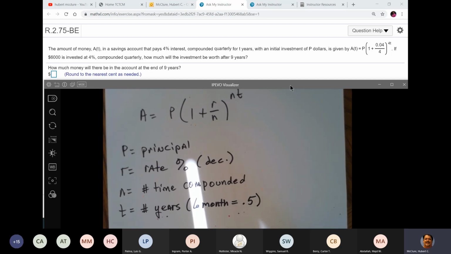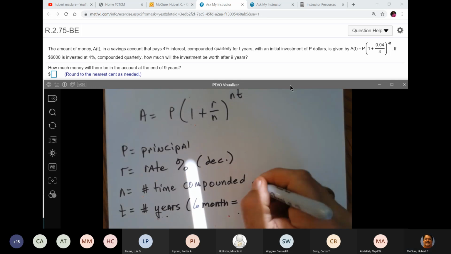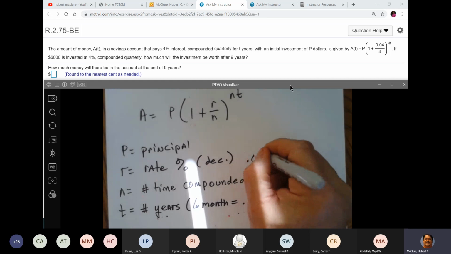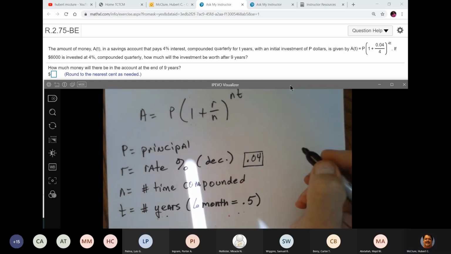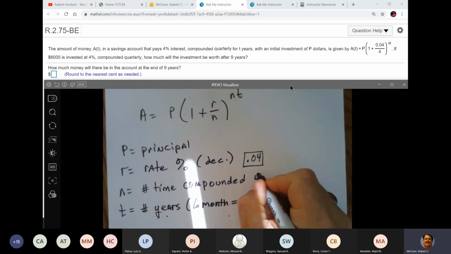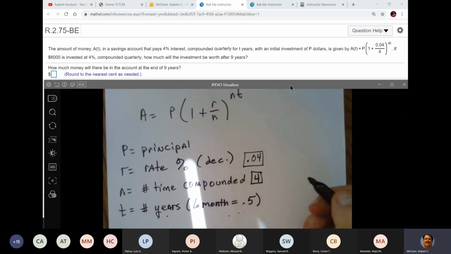All right, so now we just plug and chug. What do we got? 0.04%. So 0.04. And compounded quarterly, so n is equal to 4. 9 years. And how much money did we put in? 6,000.